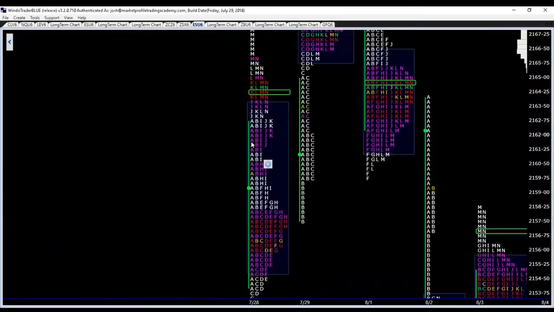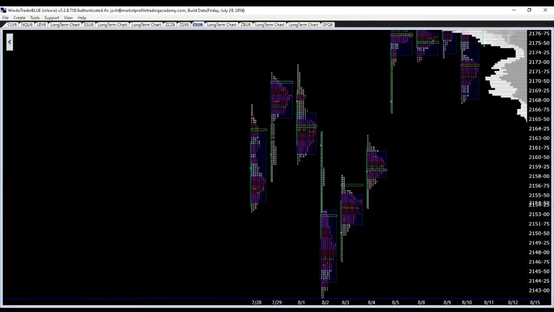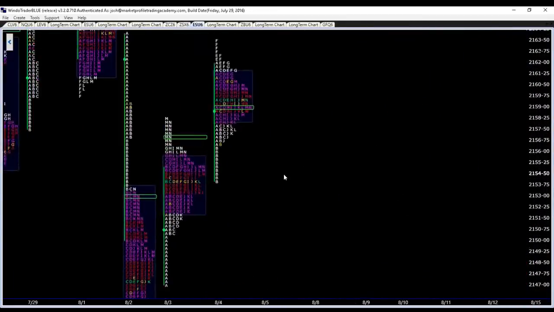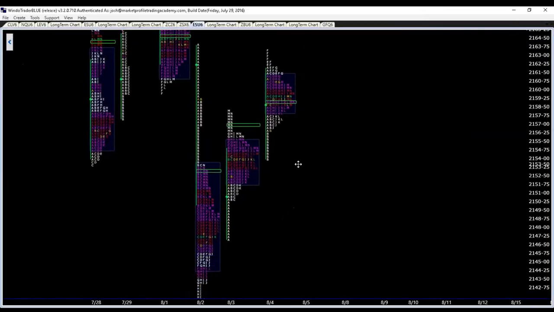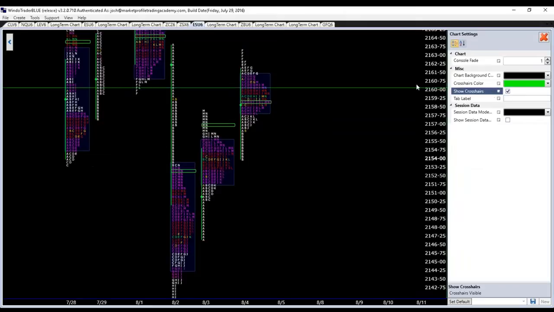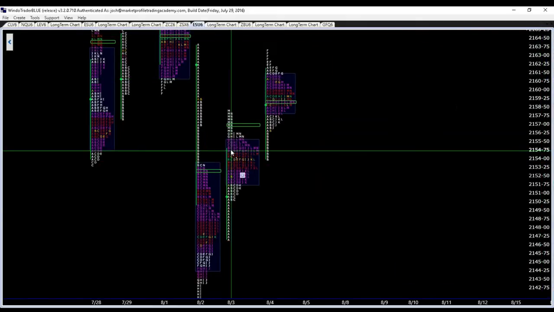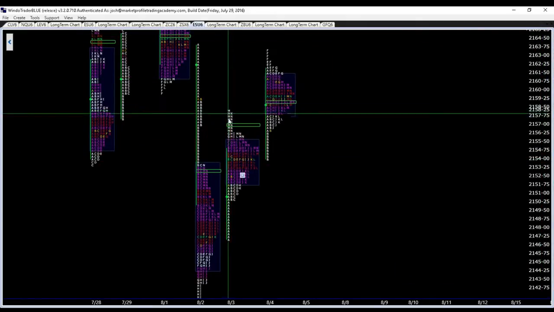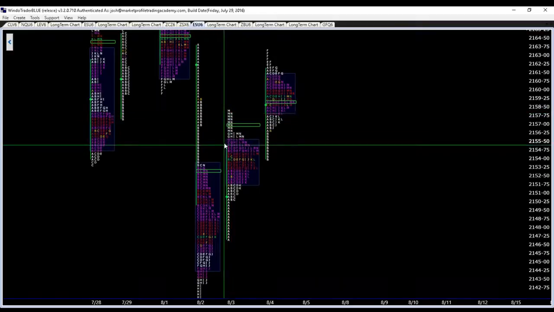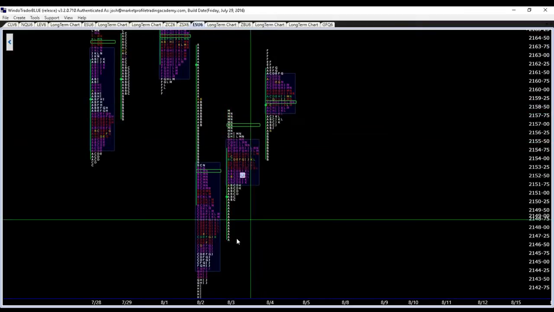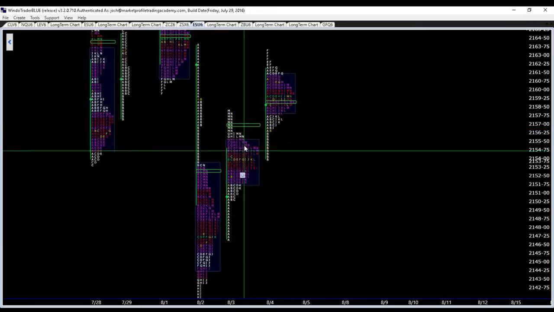In fact, I think in the S&P we've had some days like this. Here's a perfect example. You can see this day we extend past the initial balance in the ES, but not much. We have a pretty balanced profile. This is a nice bell curve.